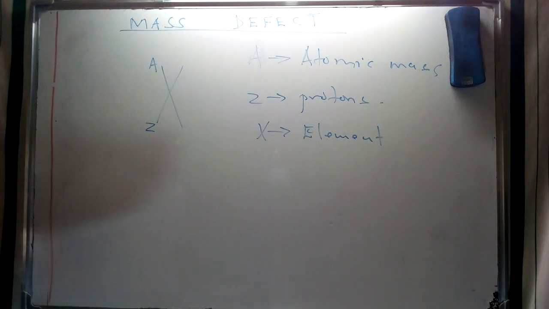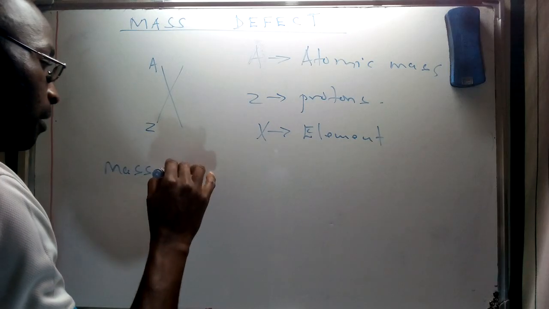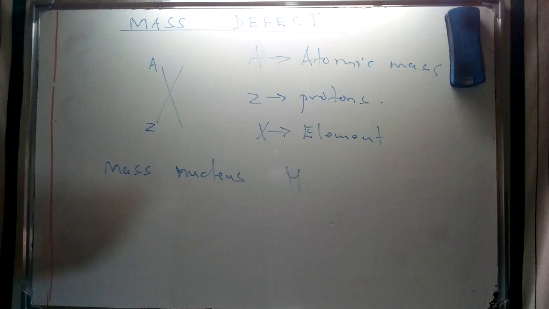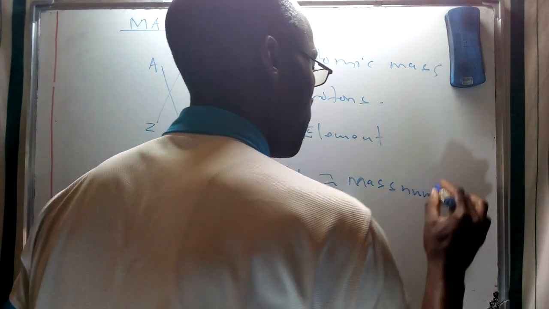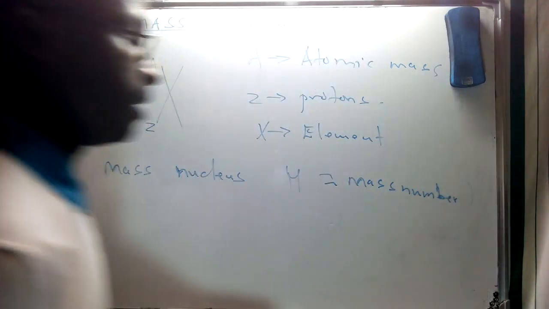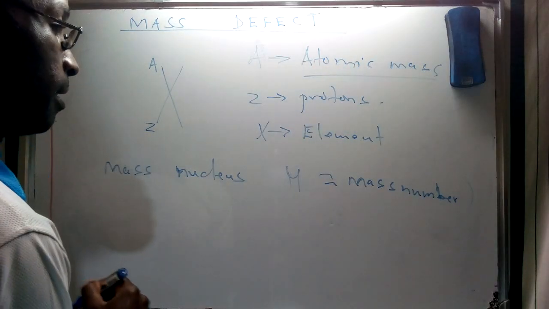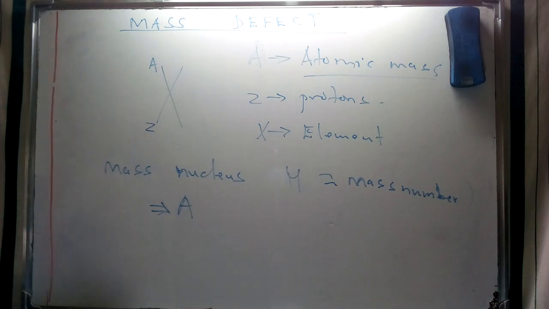And in having this relationship, we say that we can have the mass of the nucleus represented using this specific symbol, which is going to stand for the mass number, which we have said can be represented as A in this symbolic form of an atom.